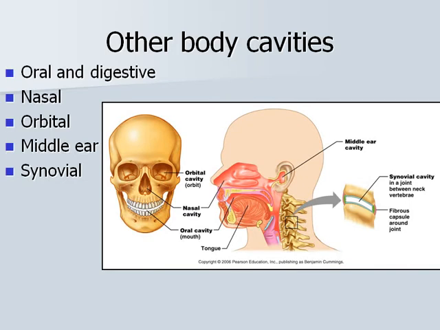Your middle ear is a cavity, an air-filled cavity. And we could even name synovial cavities. Those are fluid-filled cavities associated with different joints in your body. So you are full of cavities. Even though we focused a lot of our effort into the abdomen, you have a lot of other cavities in your body, and they're not even all on this slide.